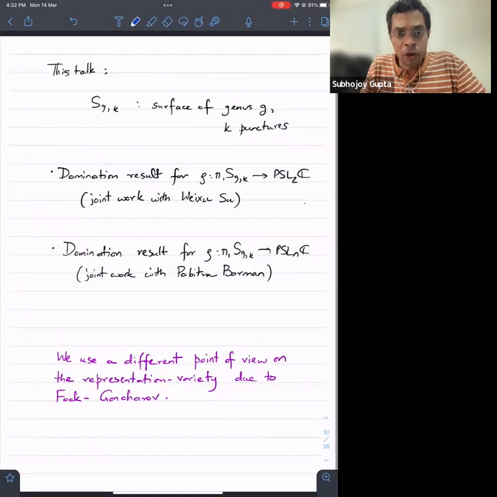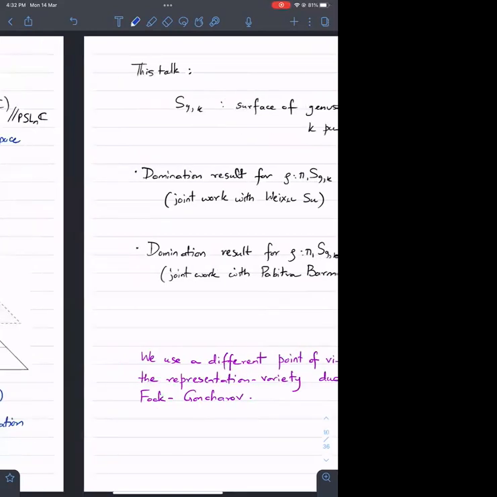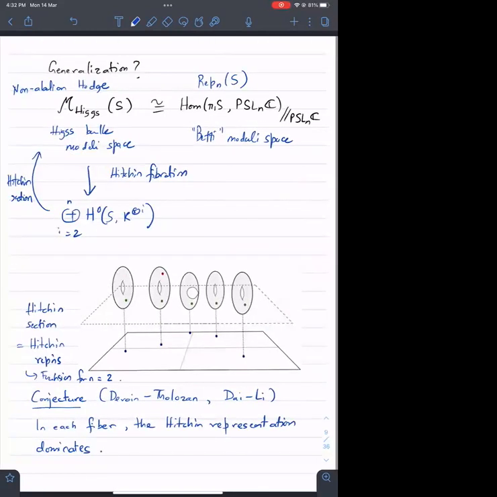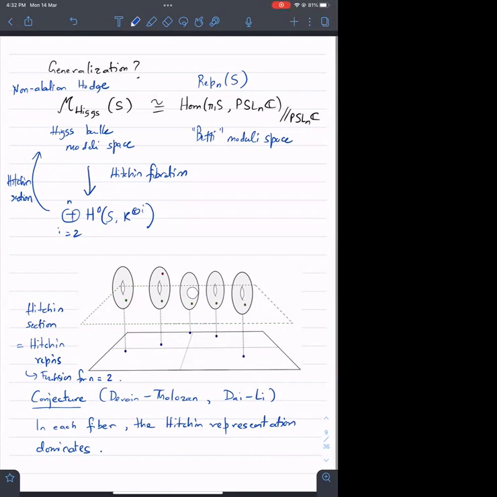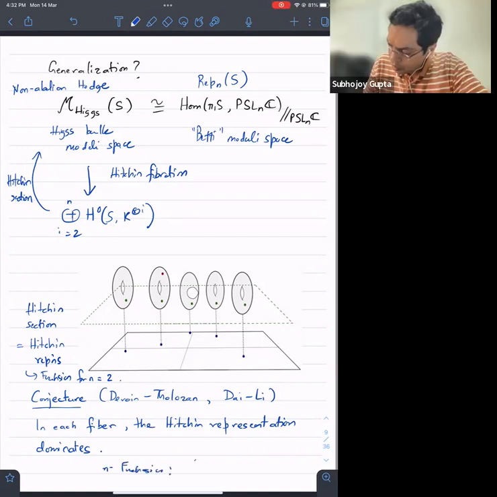And this talk I'll be focusing on... Sorry, maybe I missed the definition. What's an n-Fuchsian representation? So n-Fuchsian is a representation from pi 1 to PSL2R, followed by the unique irreducible representation of PSL2R into PSLnR.